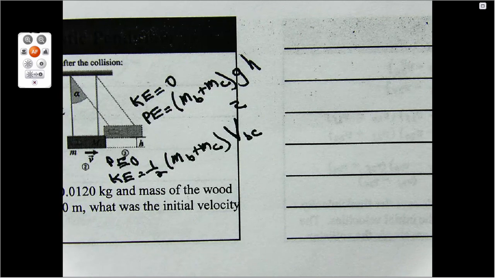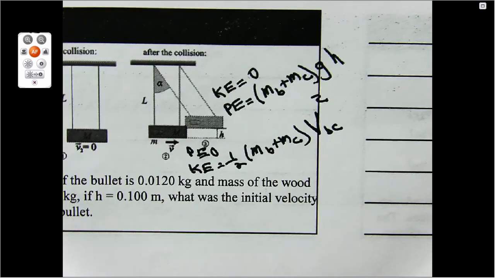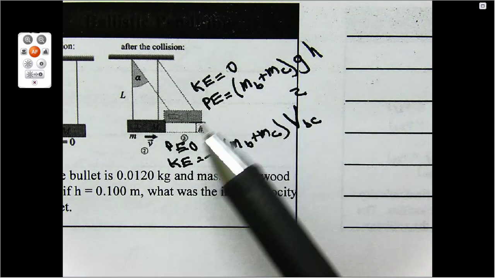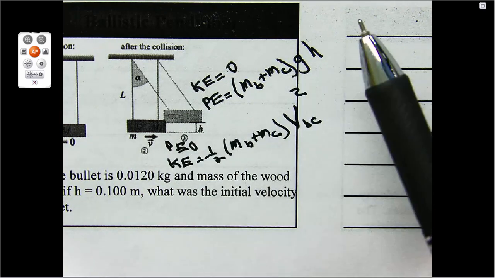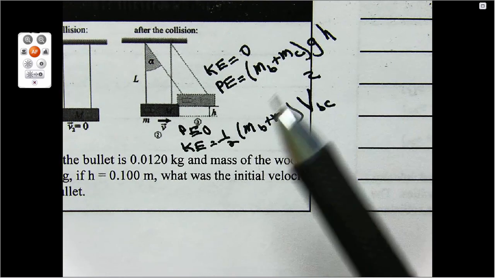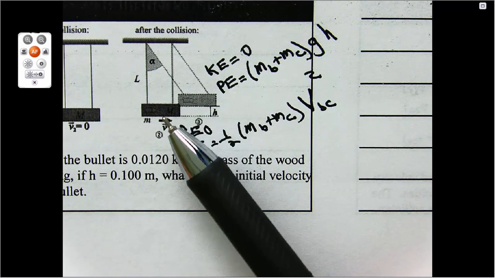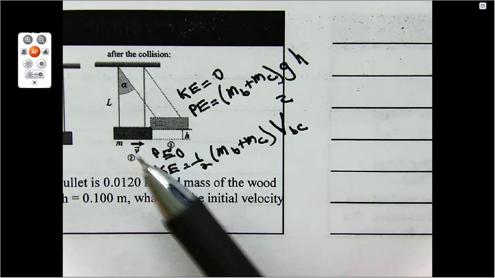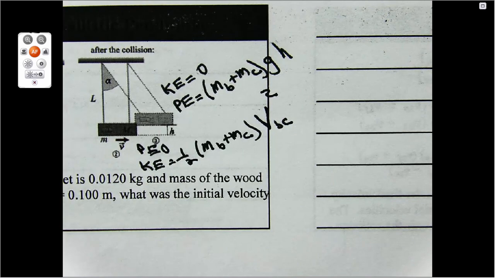Now, for your lab, we're going to lose about 78% of this energy. But because this is an inelastic collision right here, kinetic energy is not conserved. We're going to lose 78% of it. But momentum is.